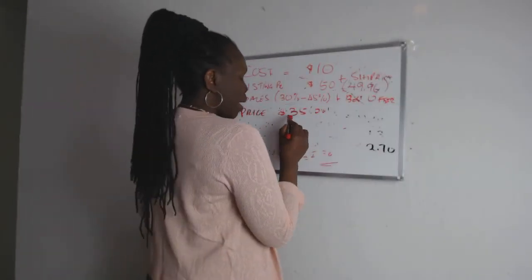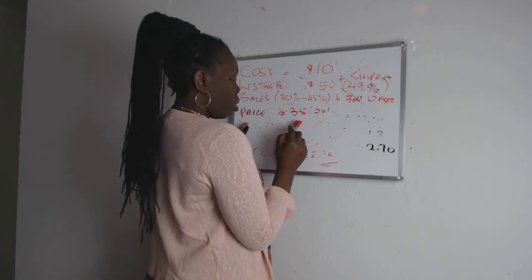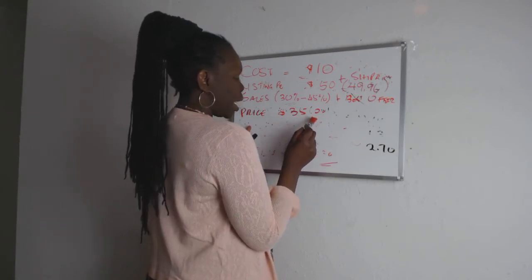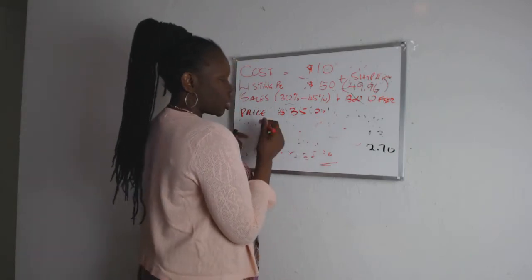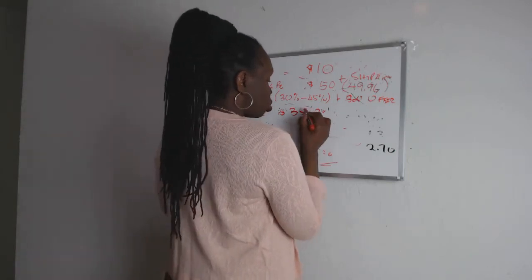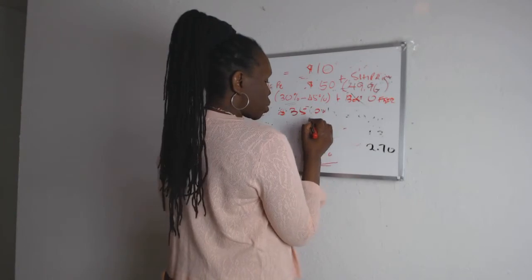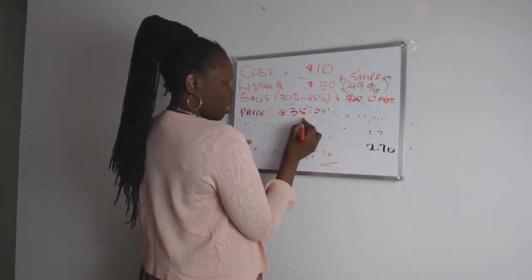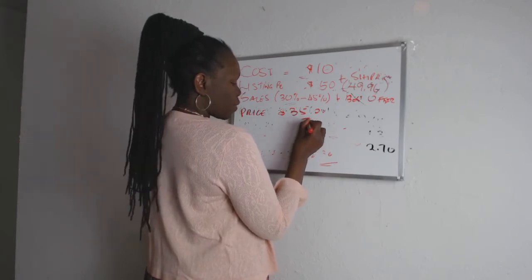So say the price is $35 and it's a sale, and then somebody shows interest or decides to give me a best offer. They say, oh, you marked this at $35.